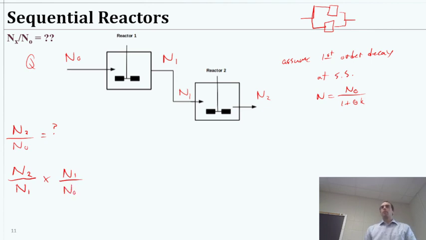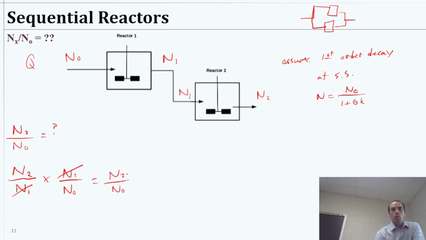So you can take them individually, and if you multiply those equations together, you'll see these will cancel. And you can do that with no problem, right? There's no reason you can't do that. So that's going to give you N2 over N naught.